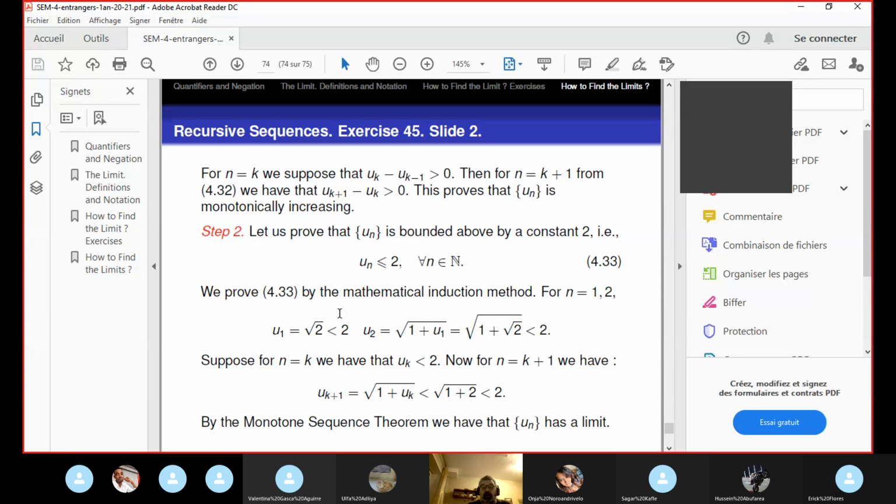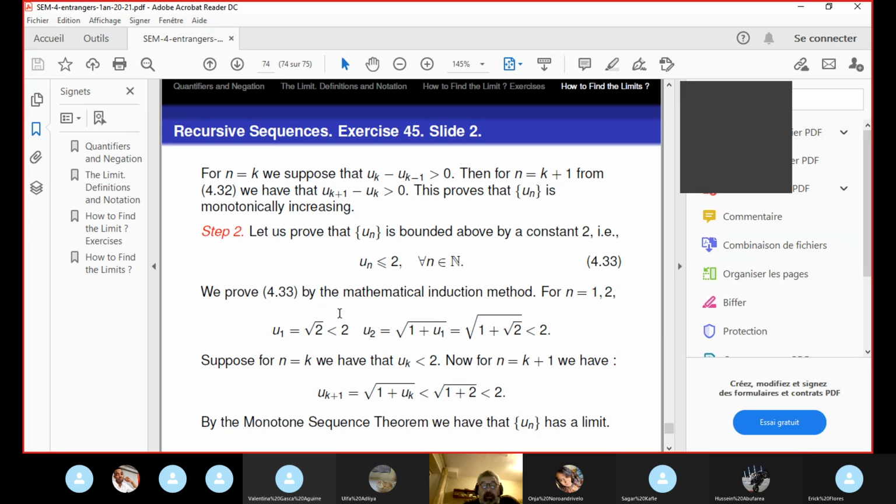So the second step, if you want, we have to prove that our sequence is bounded above. You see, here I take a constant 2, but in the same way, you can take 3 or 4, 5, and so on. Some fixed real number. But 2, in this case, is enough.